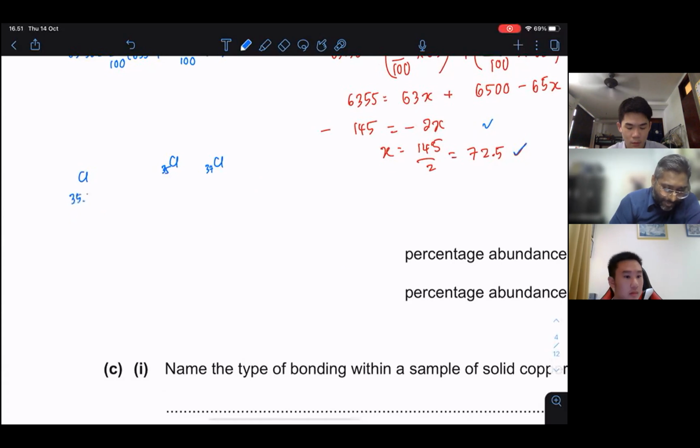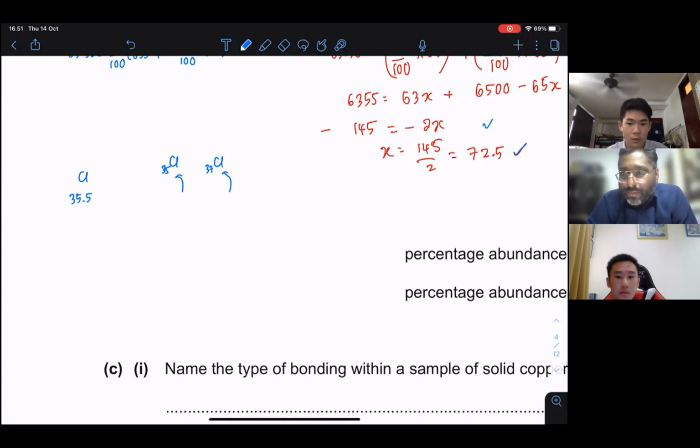If I want to find out how many percentage is this and how many percentage is that, using these values, how can you find out? You just put it as X, and the other will be 100 minus X. So if it is going to be 30, then the other one will be 70.